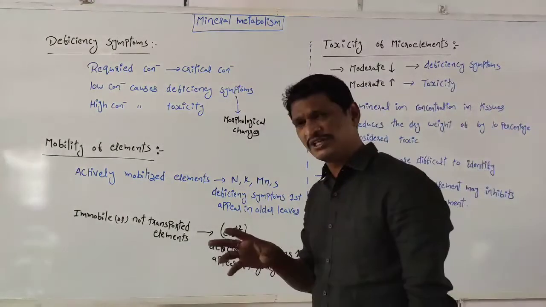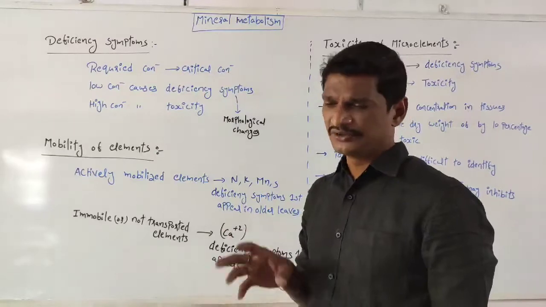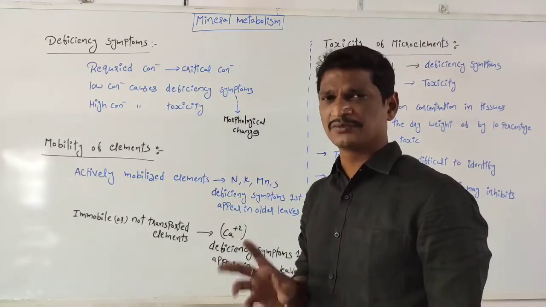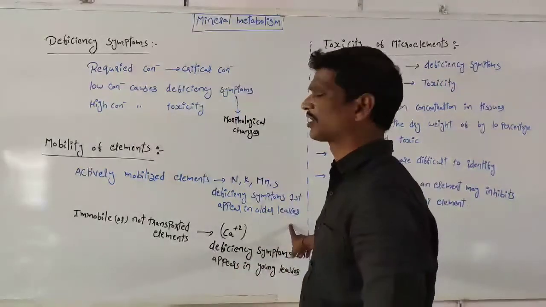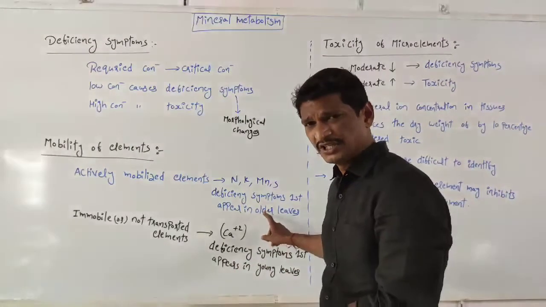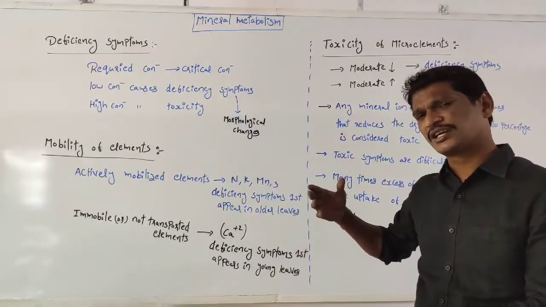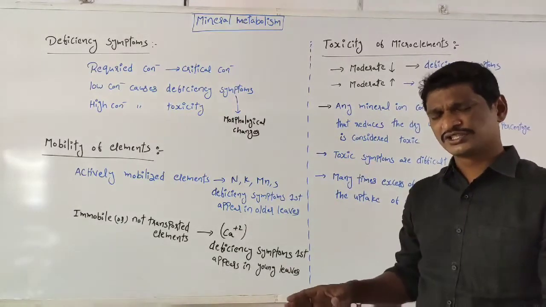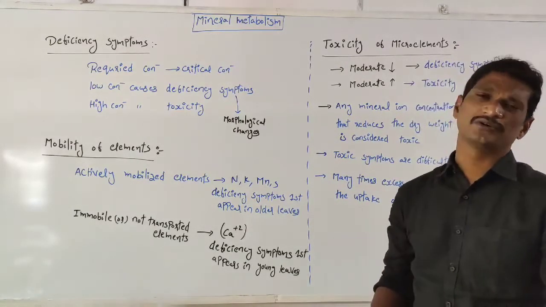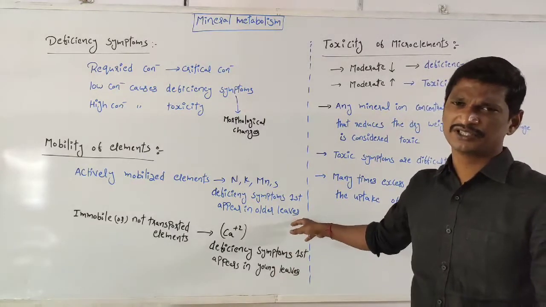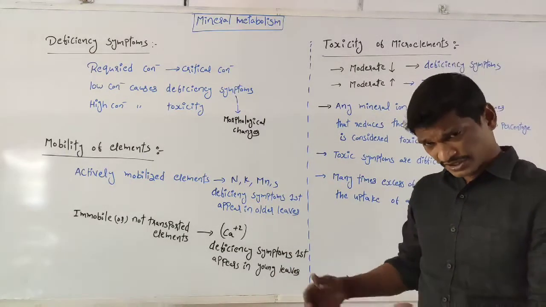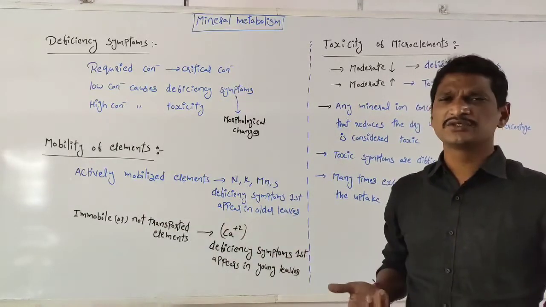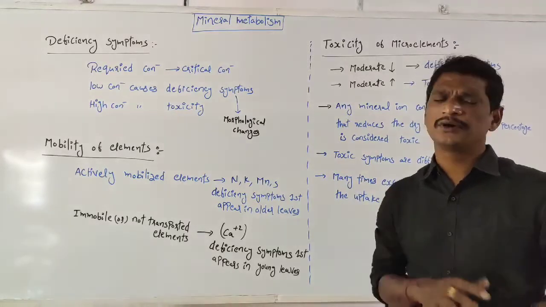Remember, if the actively mobilized elements are deficient in a plant, the first deficiency symptoms appear in old leaves, because the minerals are transported from old parts to new parts. So the old parts transport the minerals to new parts, and there is no chance for deficiency symptoms in the new parts.